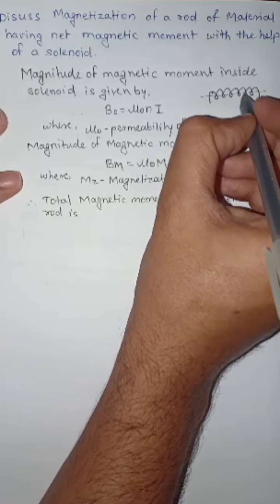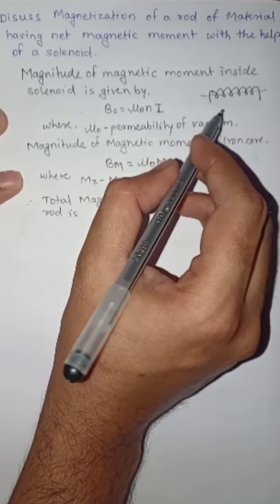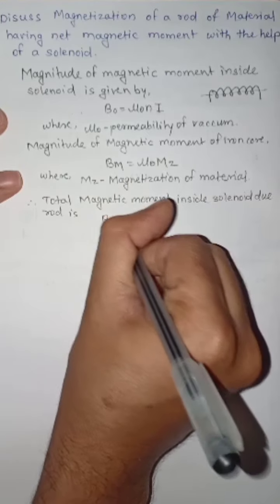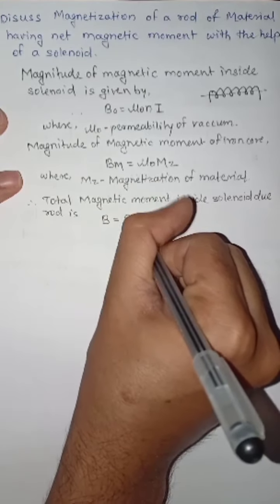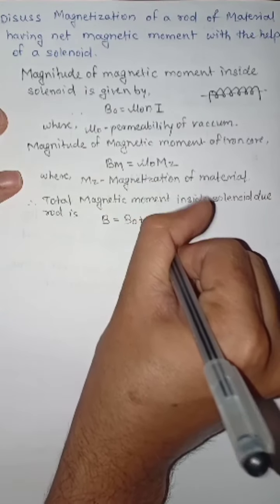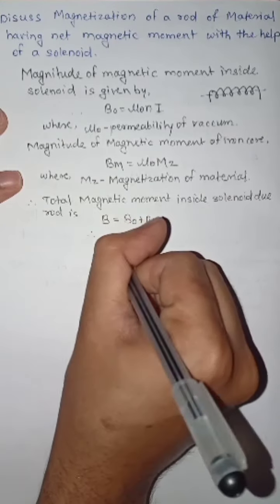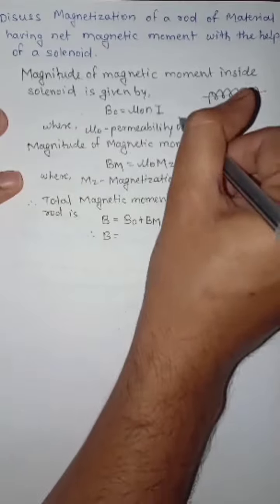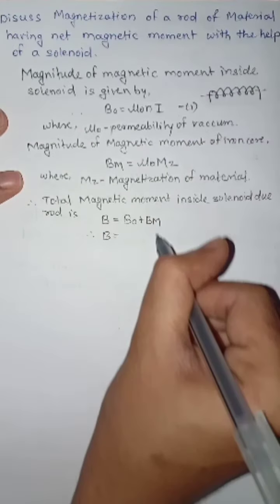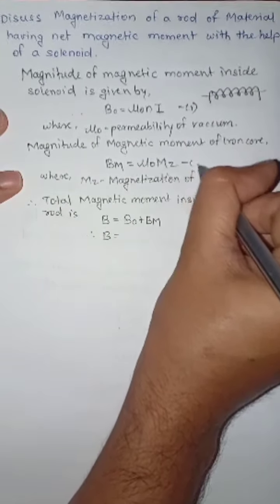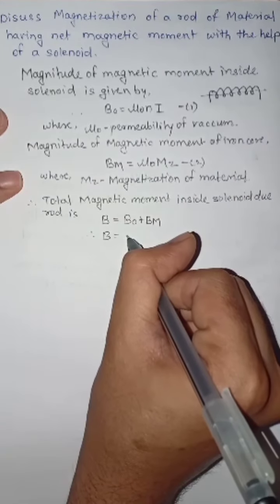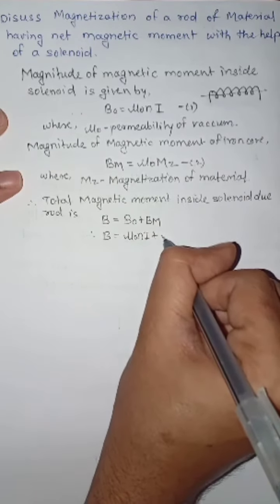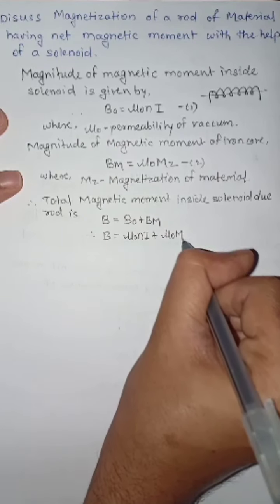So due to this rod and due to this solenoid, we get magnetic moment as B is equal to B0 plus Bm. Therefore B is equal to, instead of B0 we will write our equation number 1, and instead of Bm we will write our equation number 2.